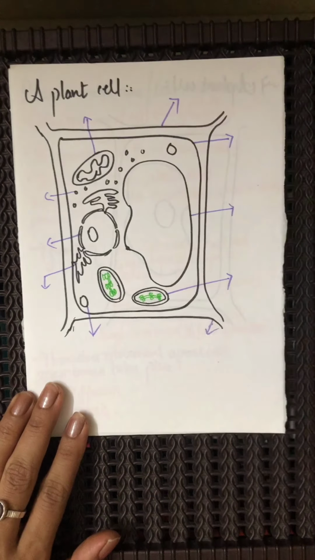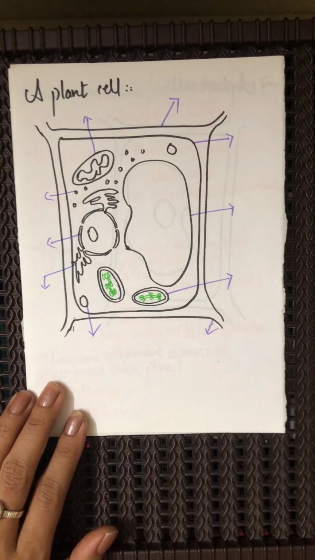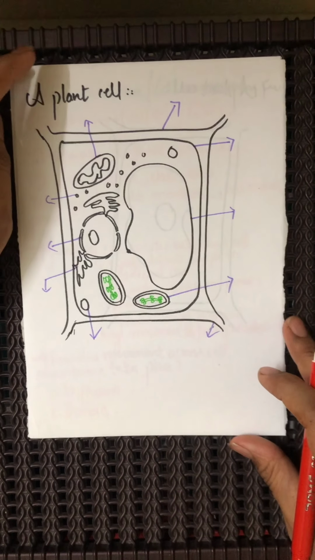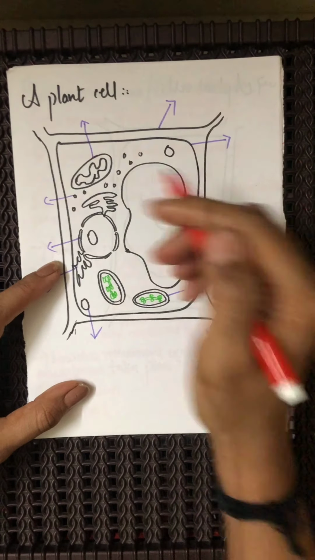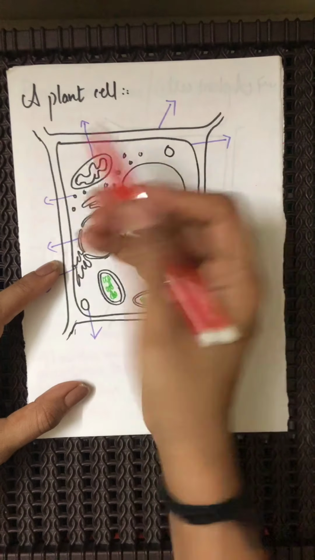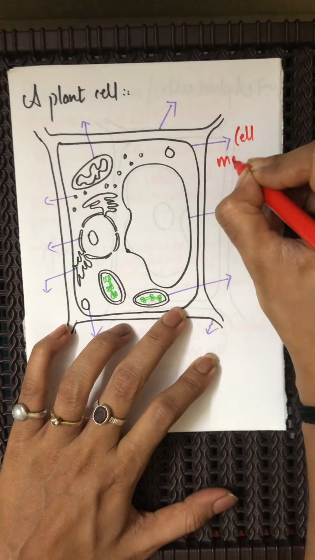Likewise, if we see a basic plant cell over here. If we talk of the plant cell, it is also somewhat similar to that of the animal cell with some difference. Over here also you find a boundary which is common to every cell, termed to be as the cell membrane.